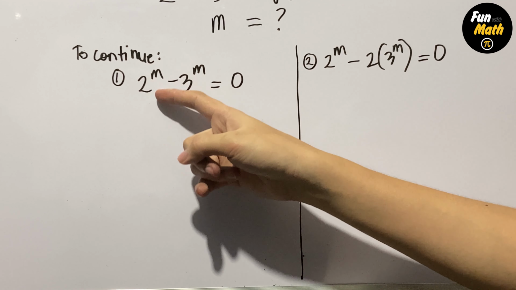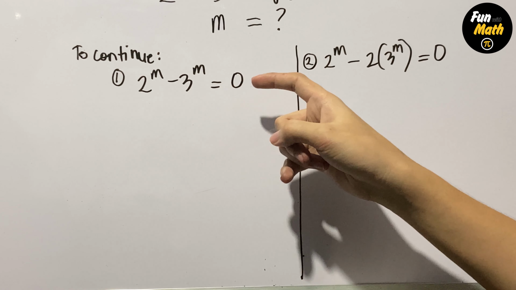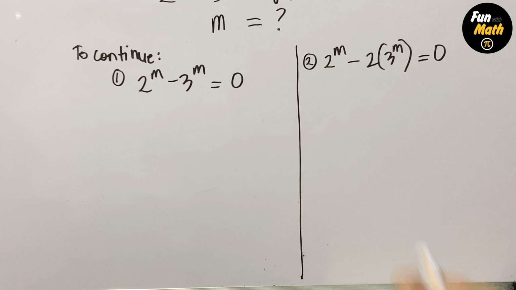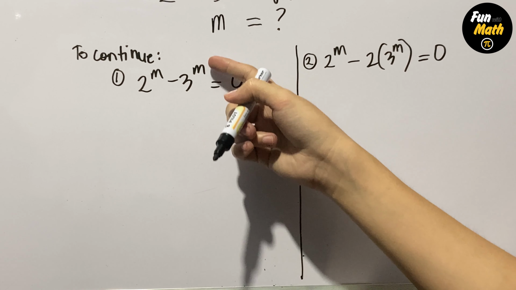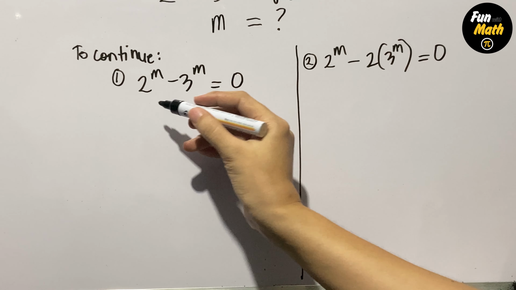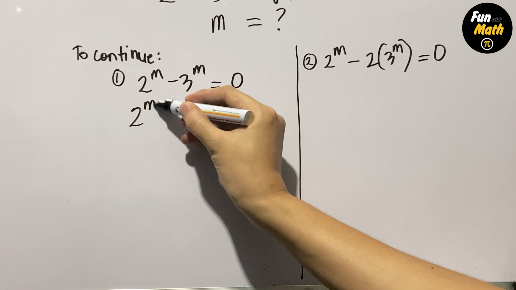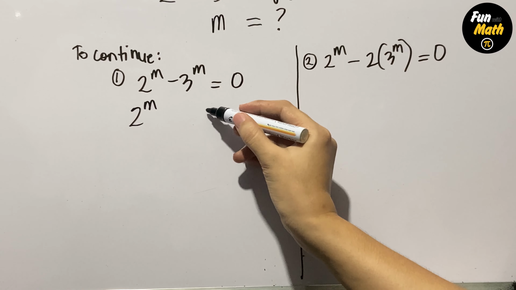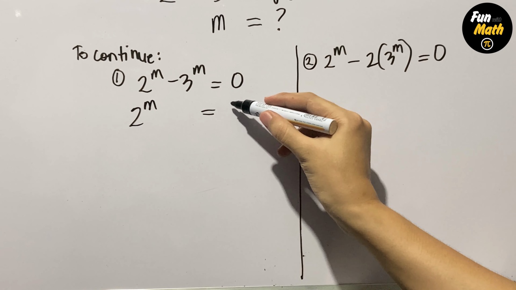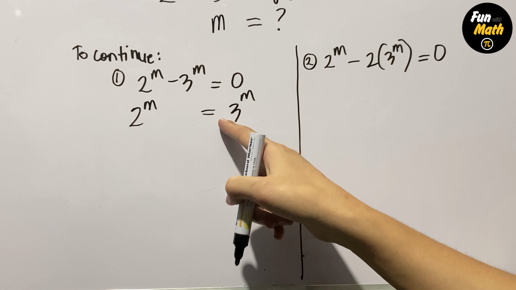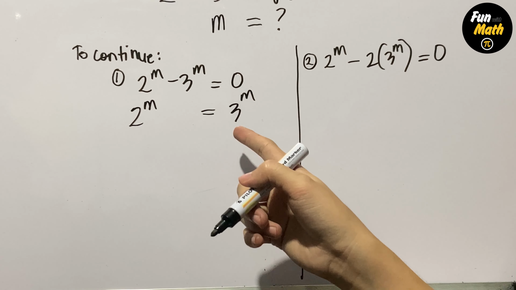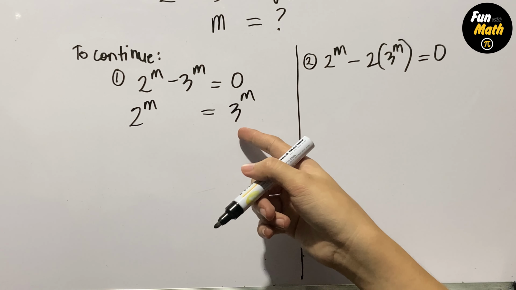2 to the power of m minus 3 to the power of m is equal to 0. Now for this, we can take 3 to the power of m to the other side. And that is 2 to the power of m equals 3 to the power of m, from negative to positive. Then let's divide by the highest.